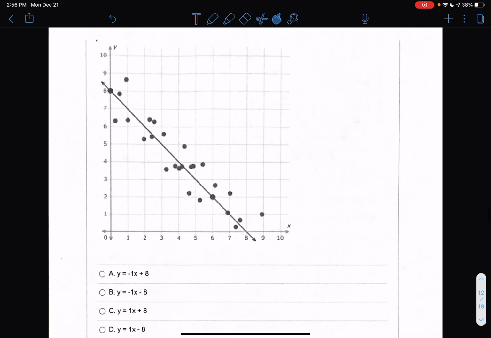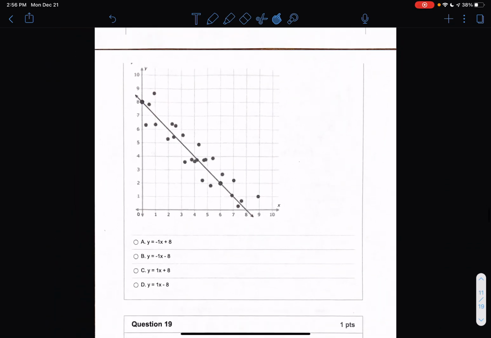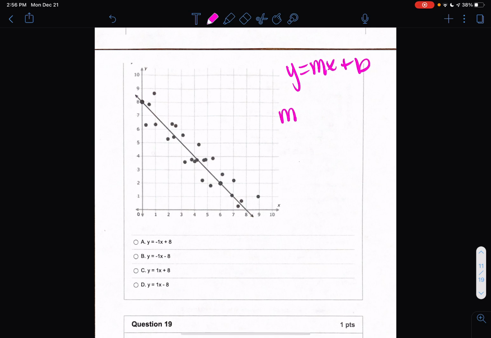Going down to number 18, they want me to write an equation. So once again, I'm going to find what my slope and my y-intercept are by looking at the line. A common mistake that is made when we are looking at scatter plots is that we like to look at the points surrounding the line and not the points on the line.